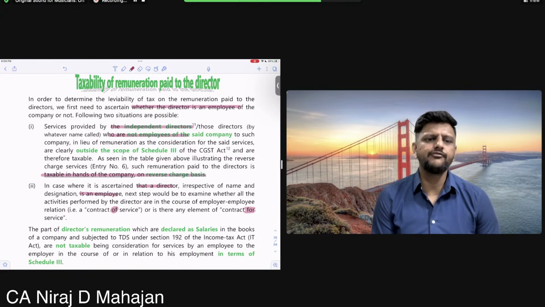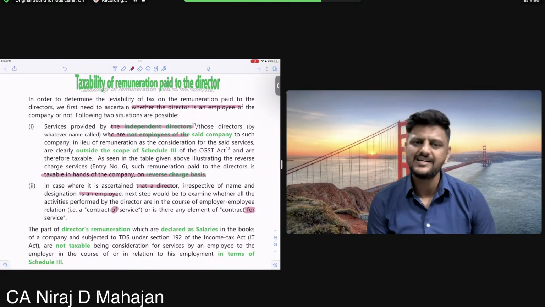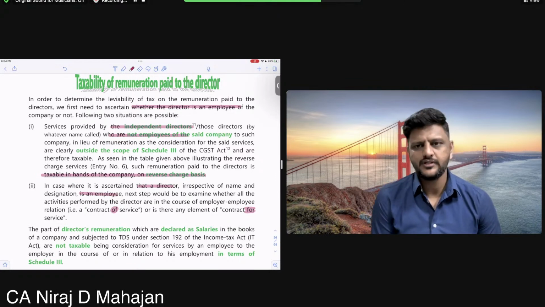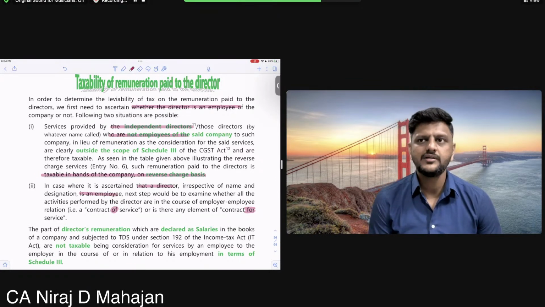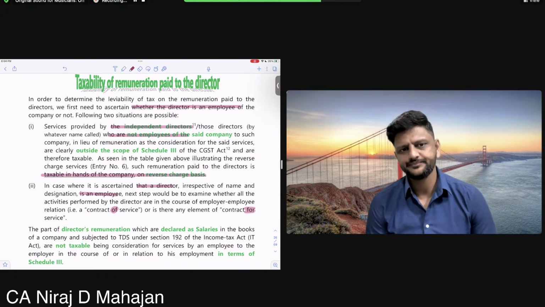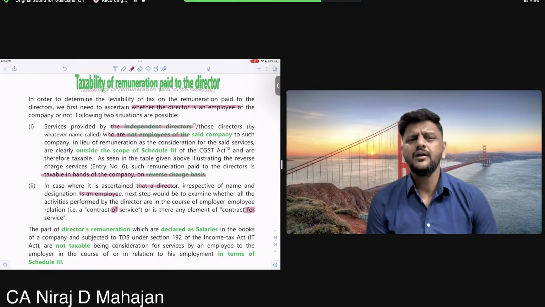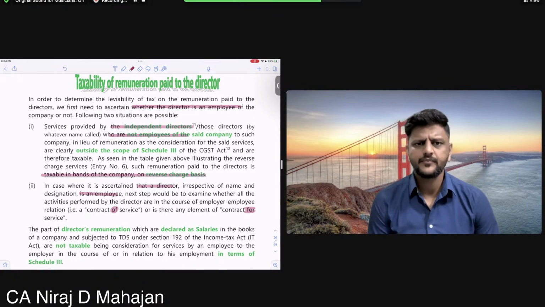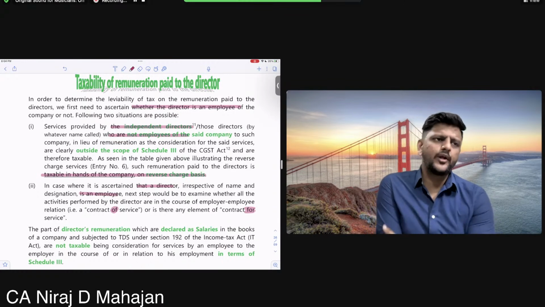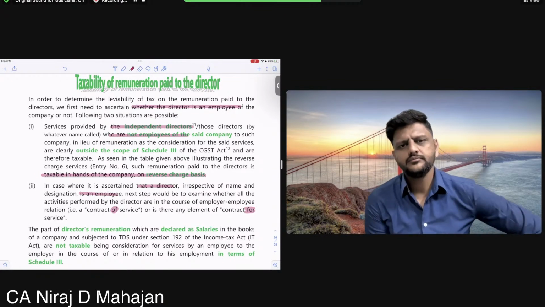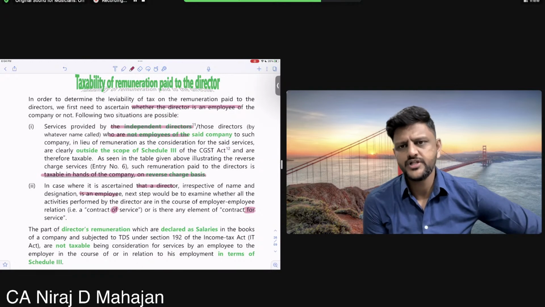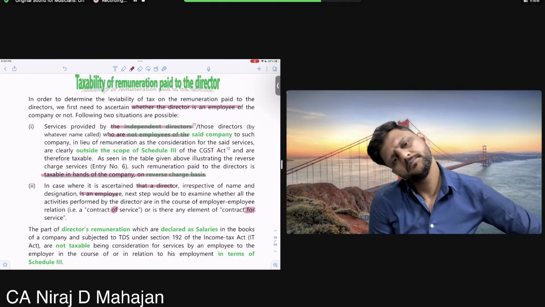Contract for service means is he a management consultant? Is he that kind of agent or representative? Like a principal-agency relationship. So if he is employer-employee, then again Schedule 3 gets attracted, no GST. Okay, everybody?